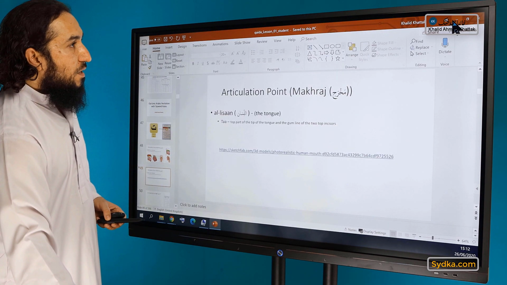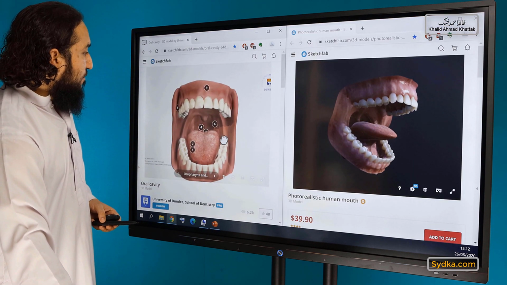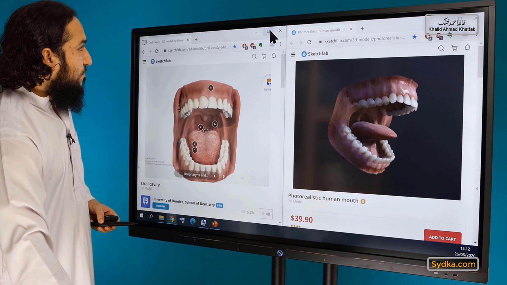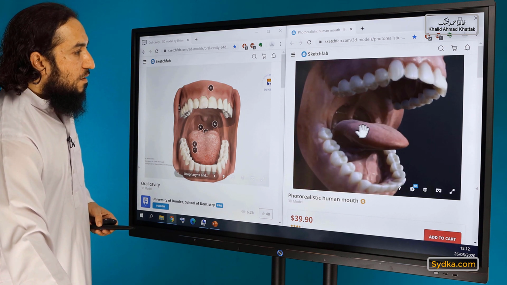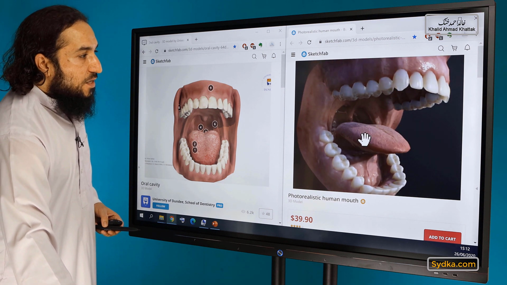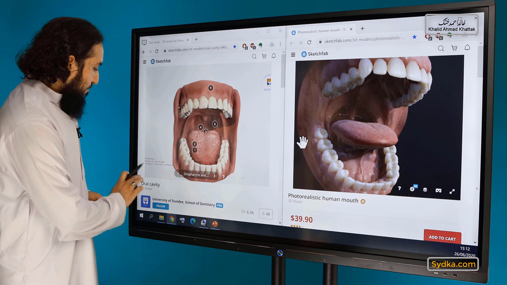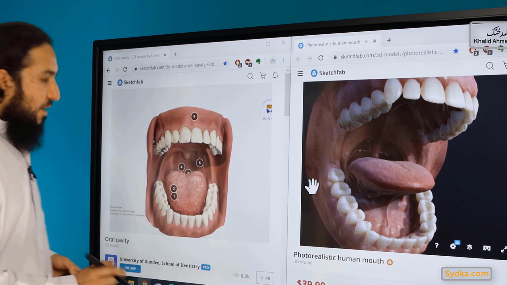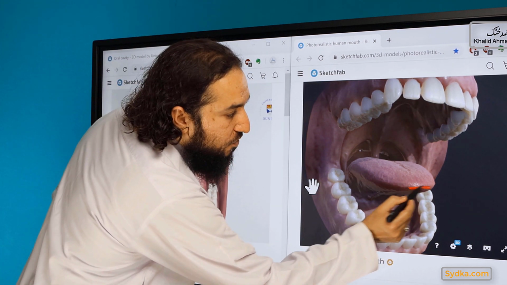As we explained earlier, this part is the tip of the tongue.